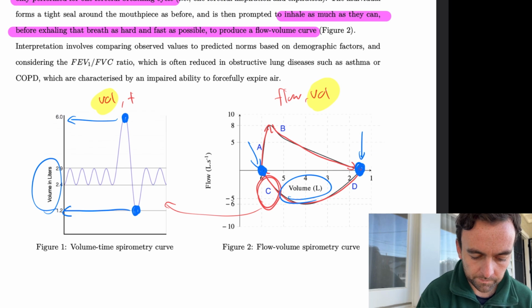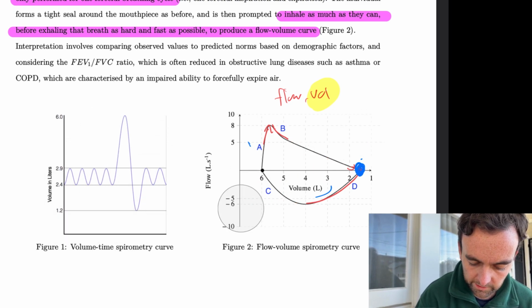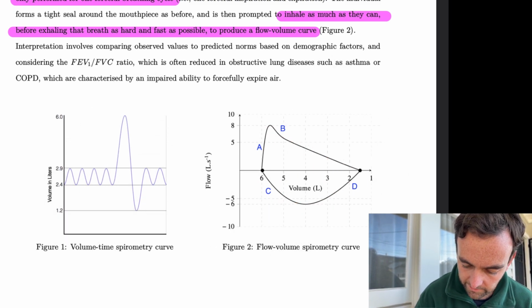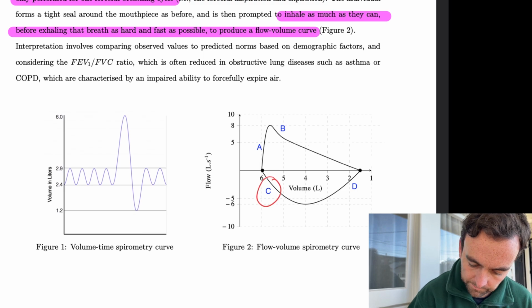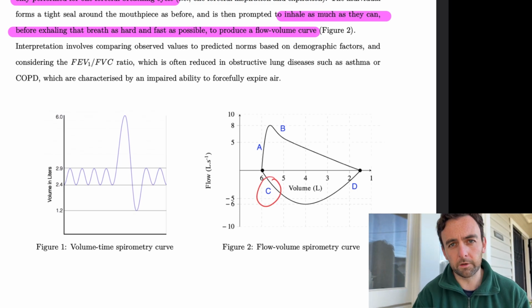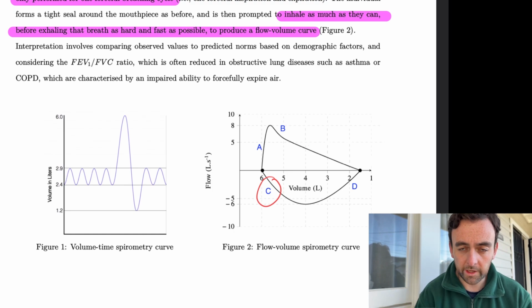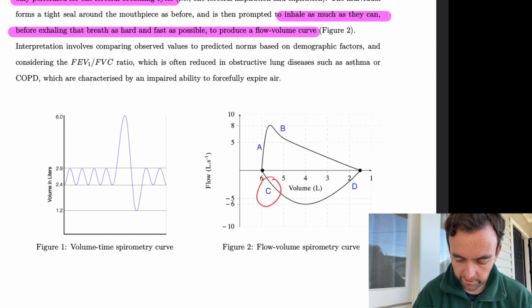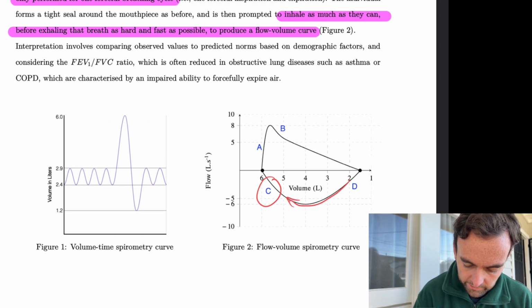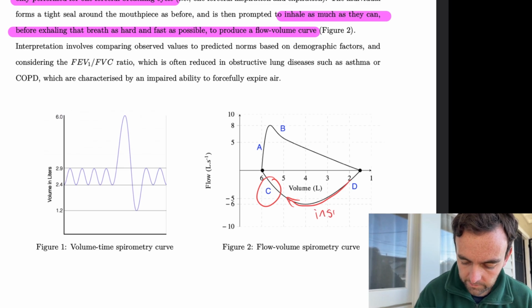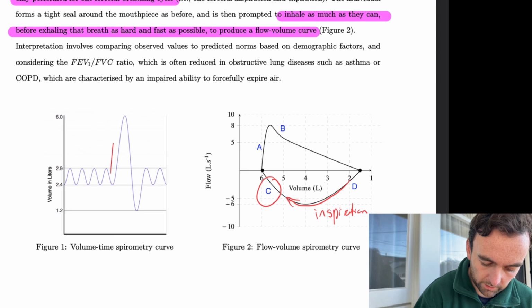So in this question, we need to relate point C here to our volume time graph. Now we know that it's somewhere near where the lungs are getting full, and we know that we inspire this way. So this is our inspiration. And then we also know on our volume time graph that this is our inspiration.